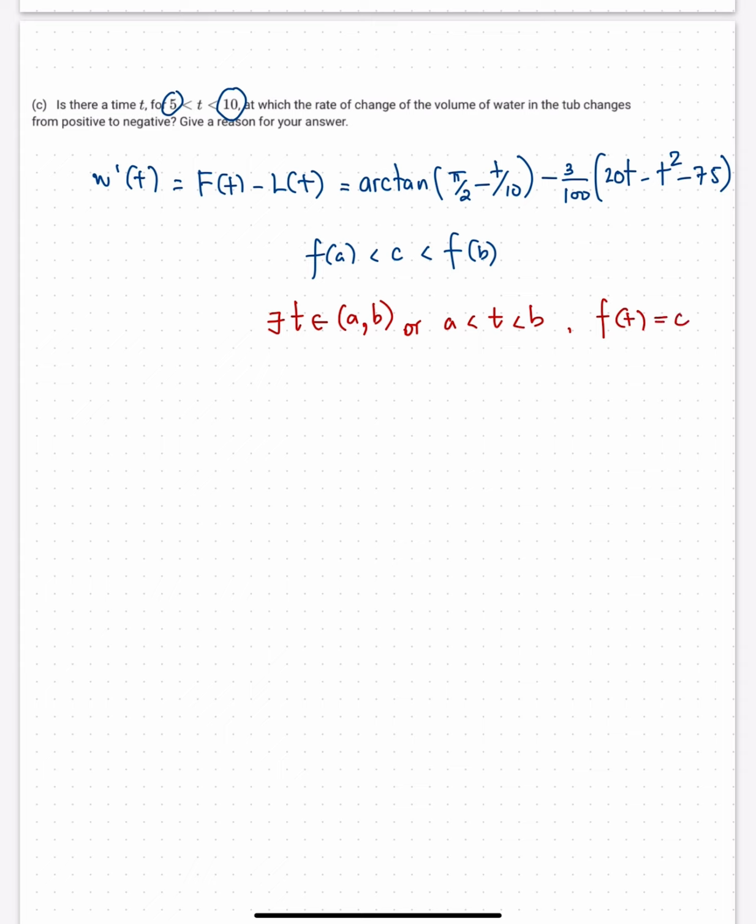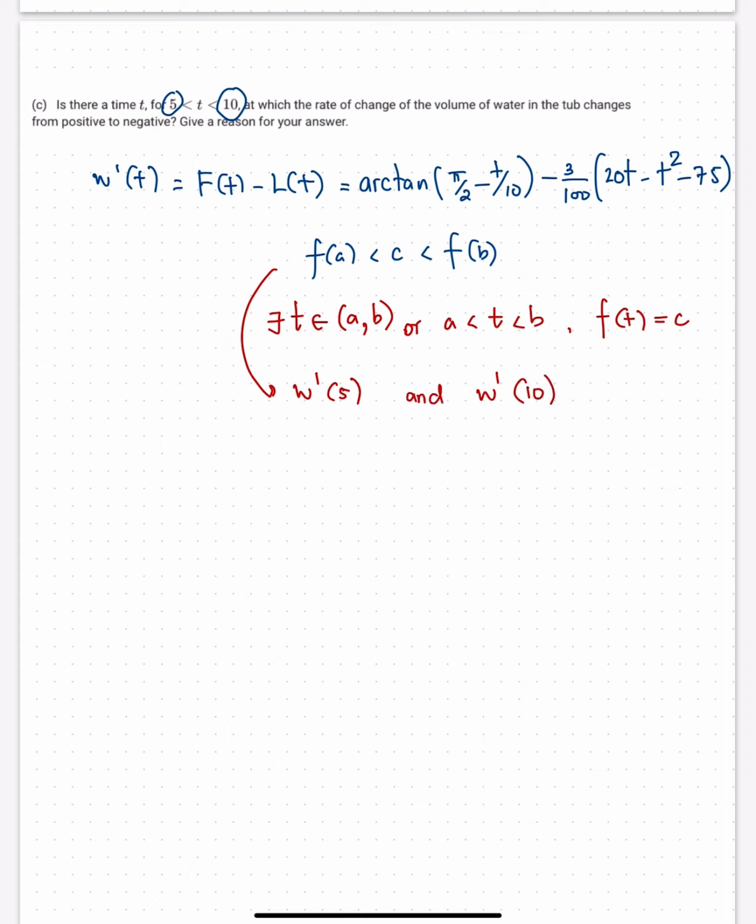So in this case, if you want to find a point between 5 and 10 equal to 0, you can just find w prime of 5 and w prime of 10.